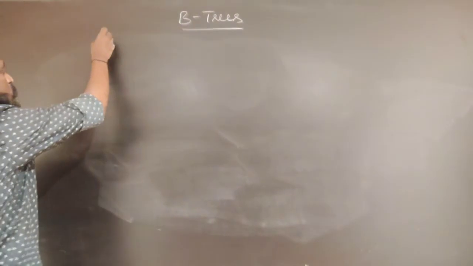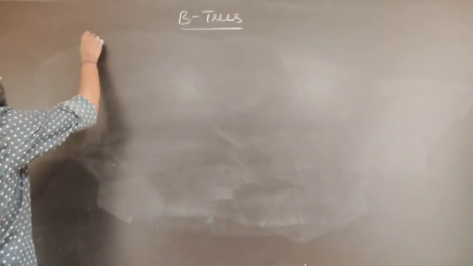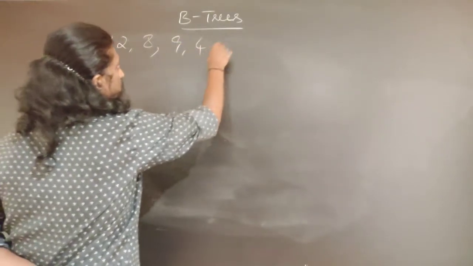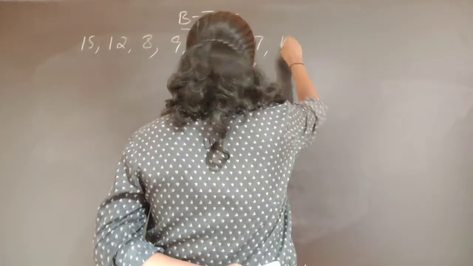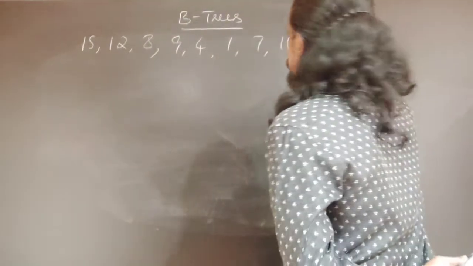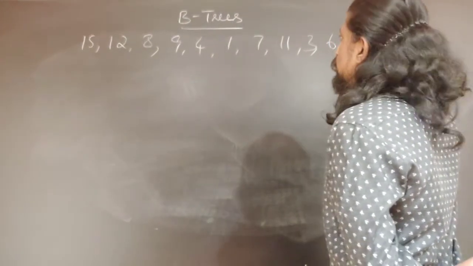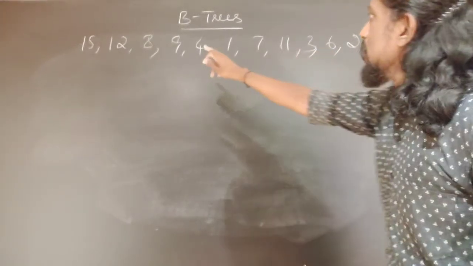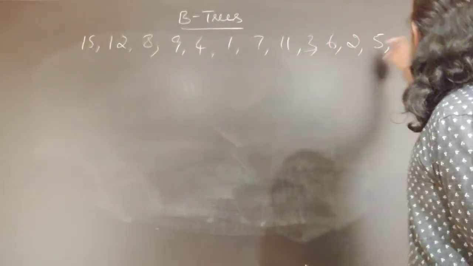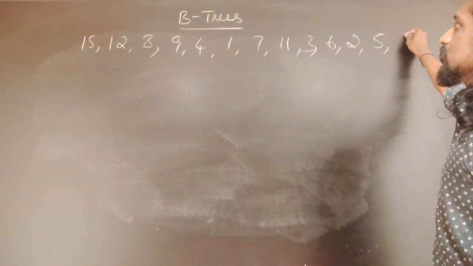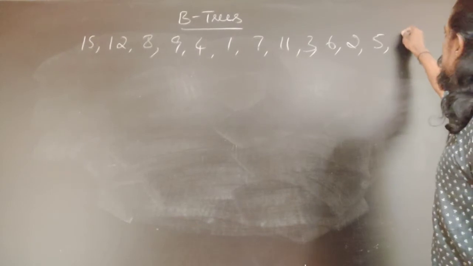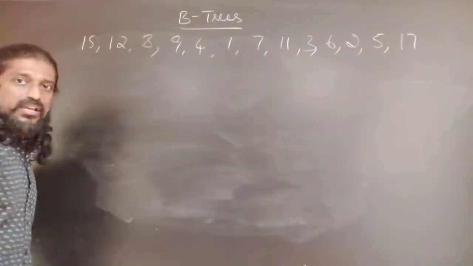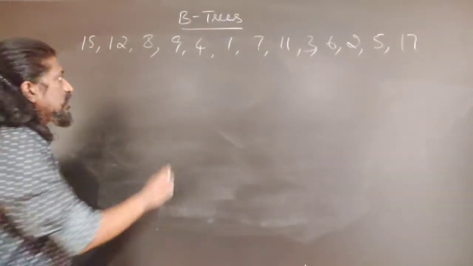Let us assume that we have numbers like these, and let us see how a B tree can be constructed.